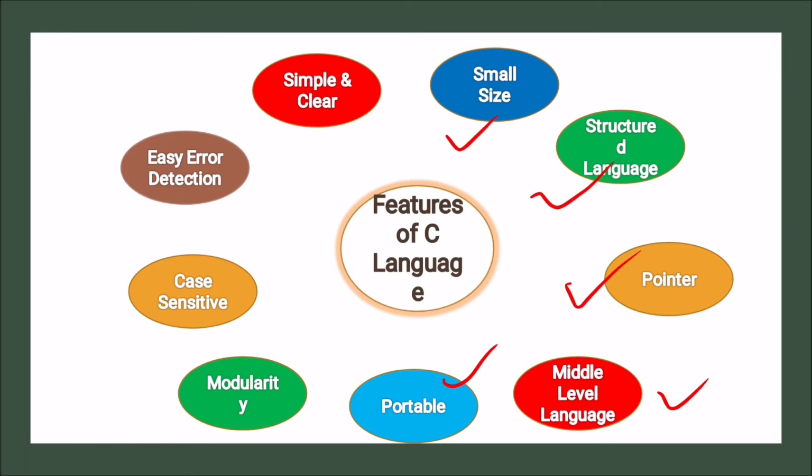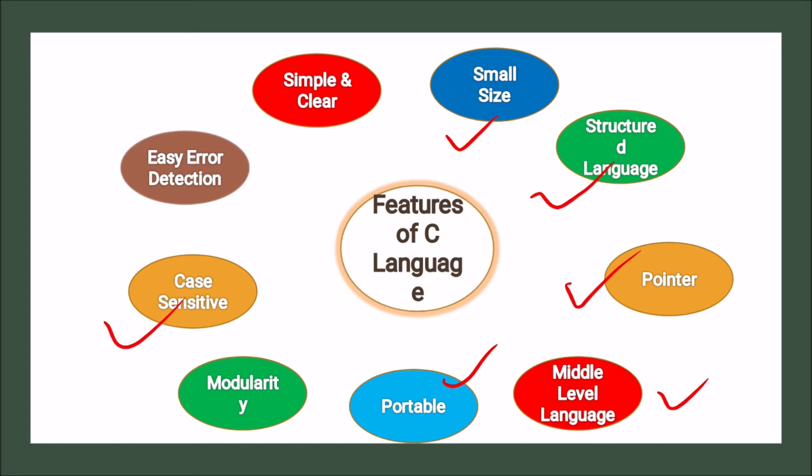It is portable. It means that it can run on any machine, so there is no machine boundary or operating system boundary for this. Modularity means you can divide it into smaller parts.